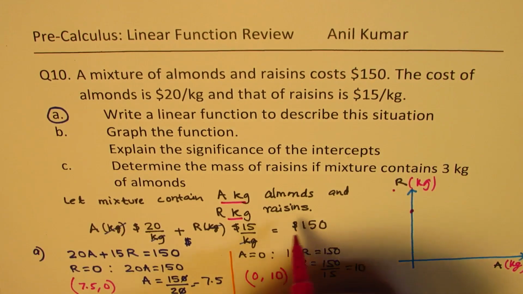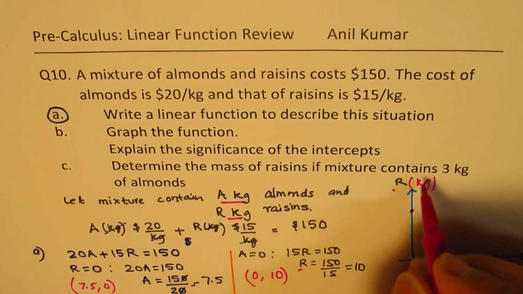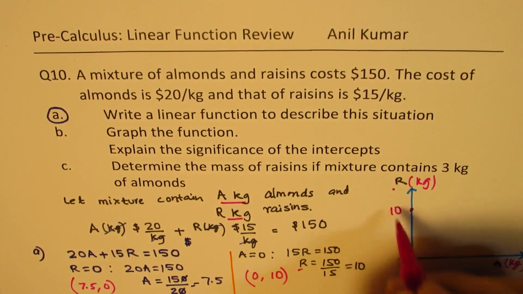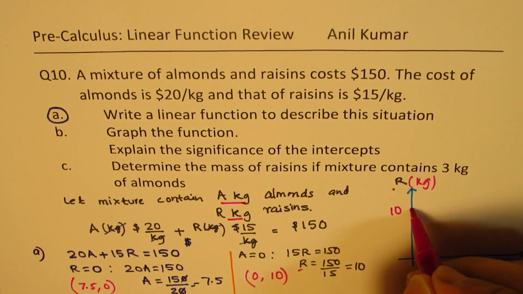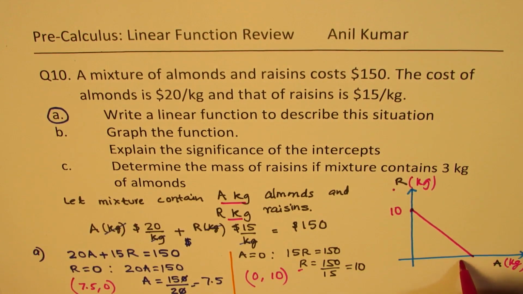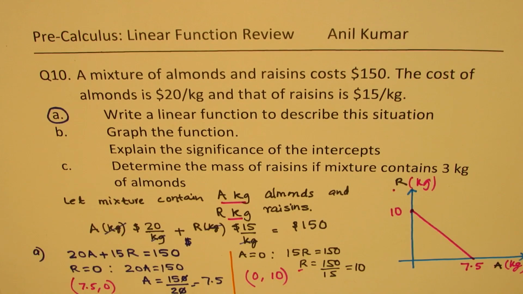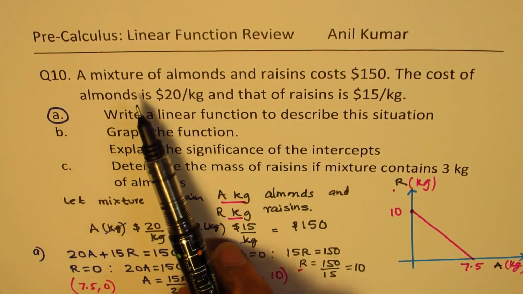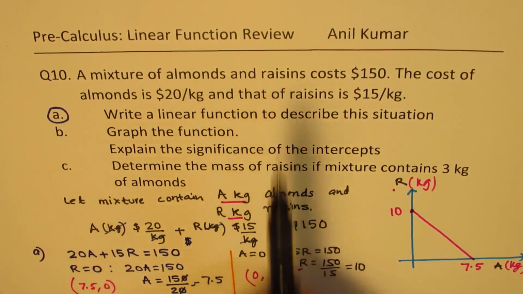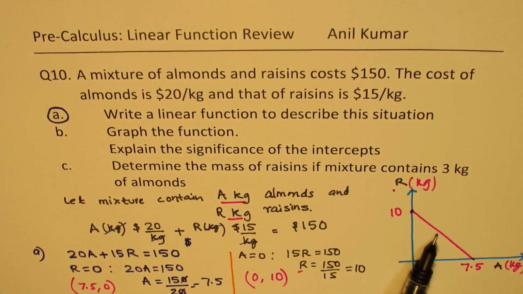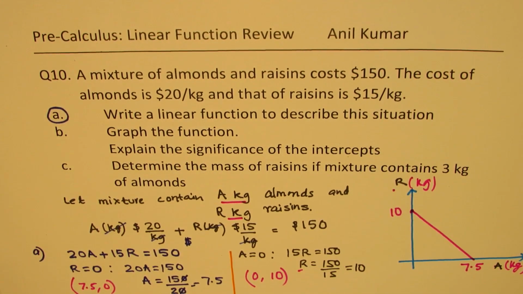This is for raisins, R. So raisins will be 10 and almonds will be 7.5 kg, correct? So this line represents the mixture constituents. The mixture of almonds and raisins can now be shown in terms of this particular line. Clear? If you use graph paper, it'll be better to do this question.